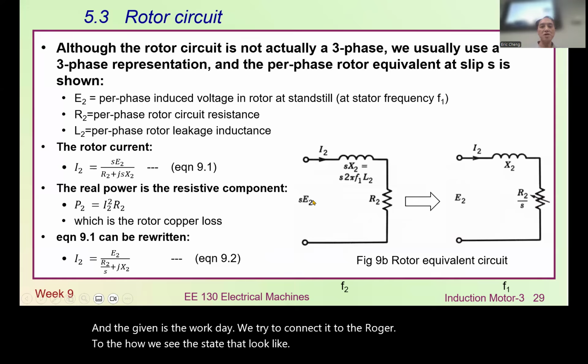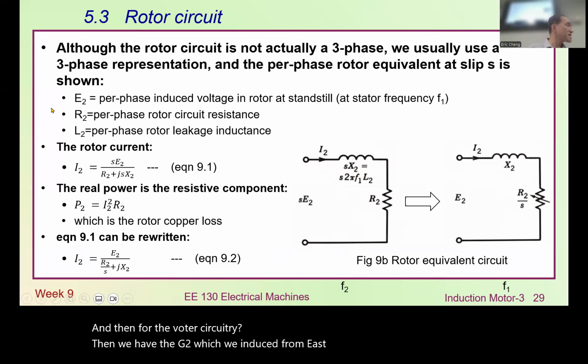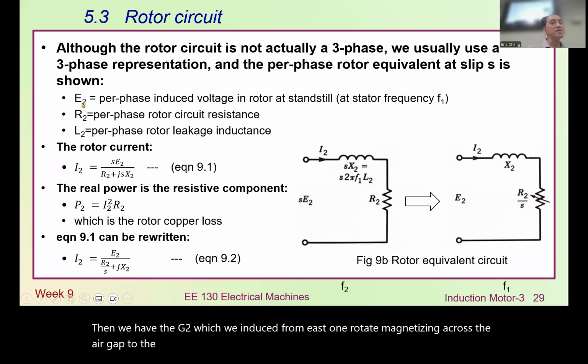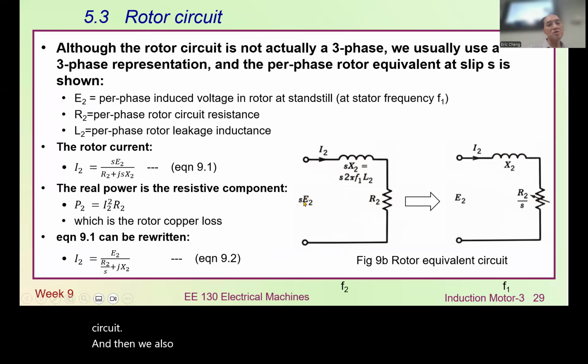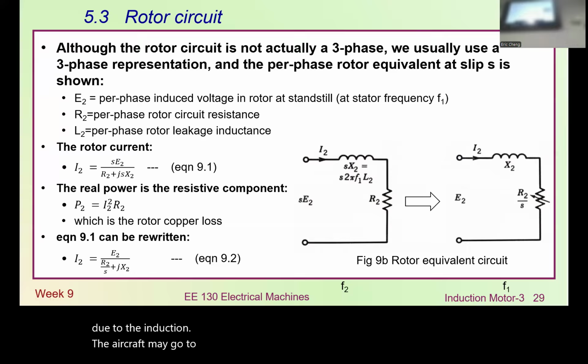And then for the rotor circuitry, we have E2, which is induced from the E1 voltage for magnetizing across the air gap to the rotor circuitry. So we have the E2 voltage appearing in the rotor circuit. And last time we also mentioned the slip ratio, S. The S is mainly due to induction. The air gap flux goes to the rotor, the rotor is rotating, and the air gap flux is also rotating.